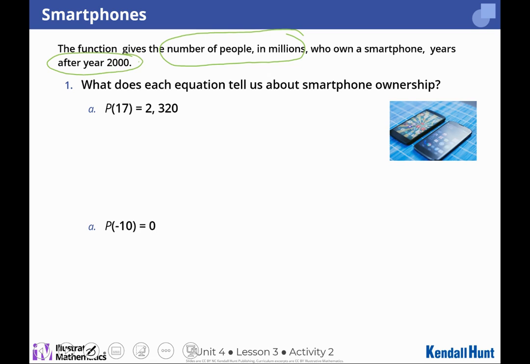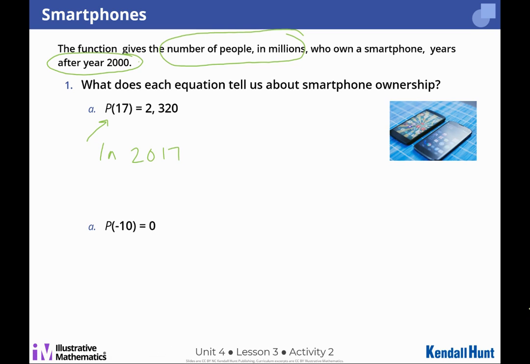So P of 17 means the year 2017, okay? So what does each equation tell us about smartphone ownership? So P of 17 literally means in 2017. And then if it's equal to 2,320, that's the number of people in millions who own a smartphone.